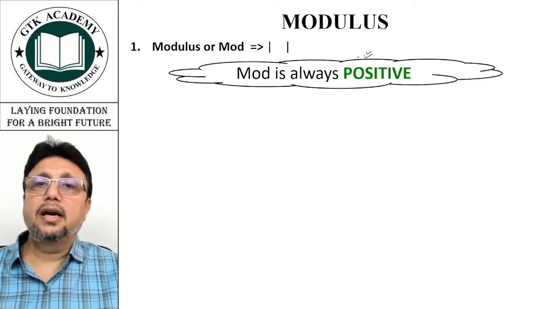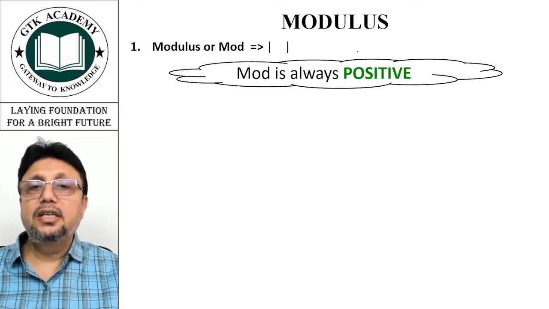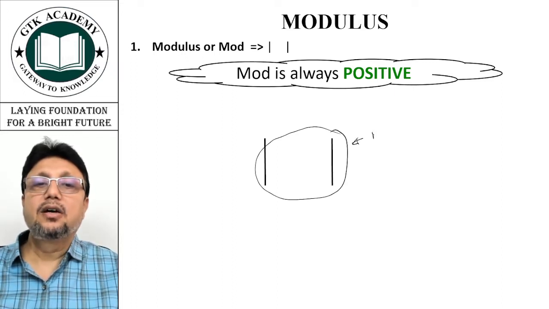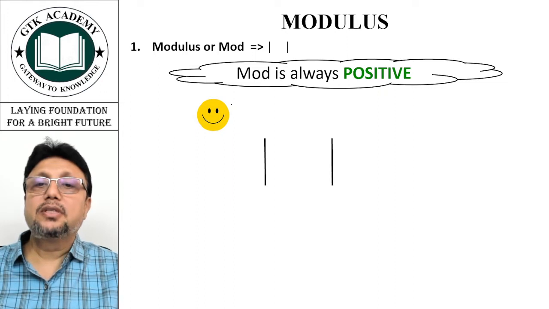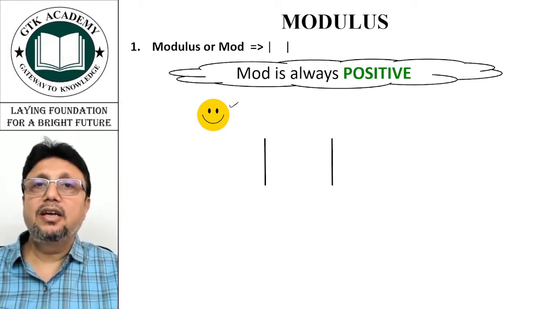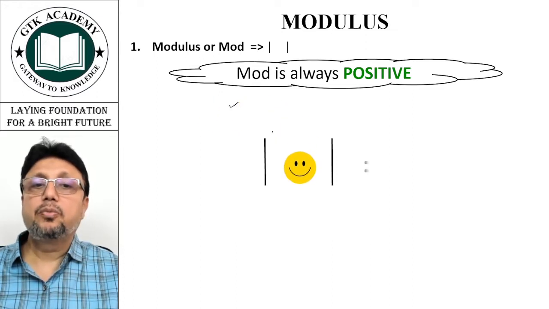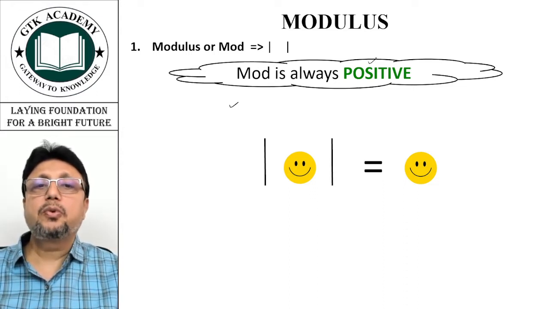So what do we mean by that? Let me give you a very interesting example so that it's easy for you to remember this definition. Suppose this is a machine and the name of this machine is mod. If you put positivity into that, because this is the icon which we consider generally positive, the output is going to be definitely positive, as we have said that mod is always positive.